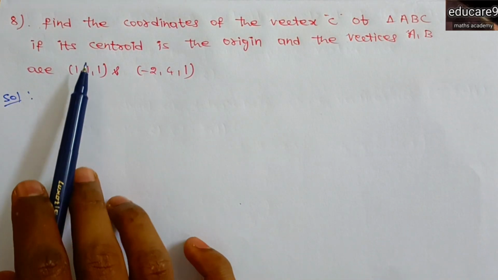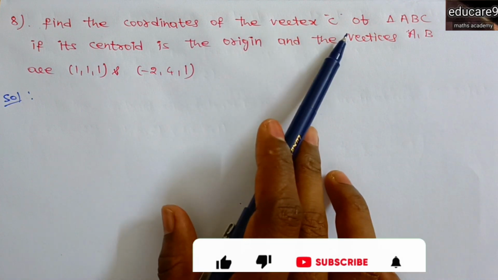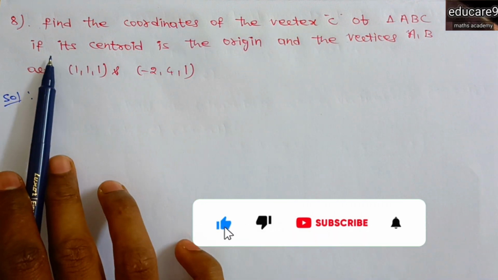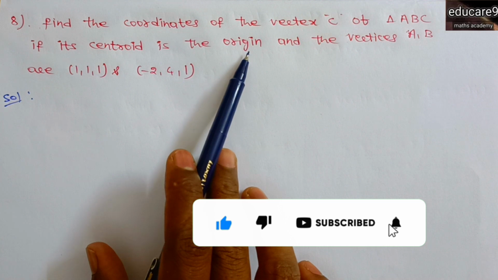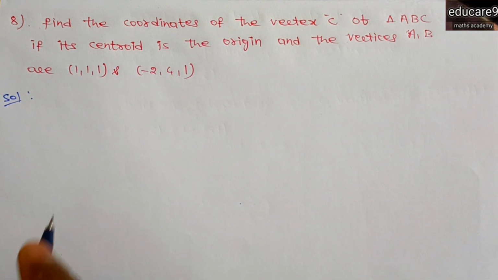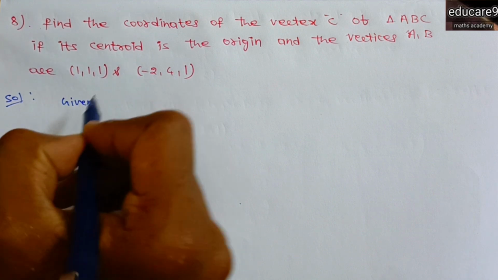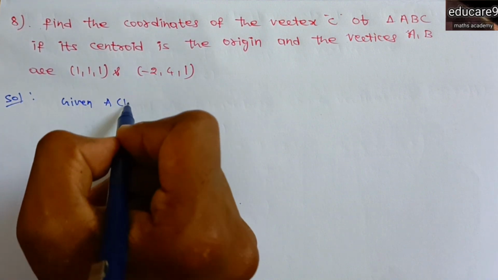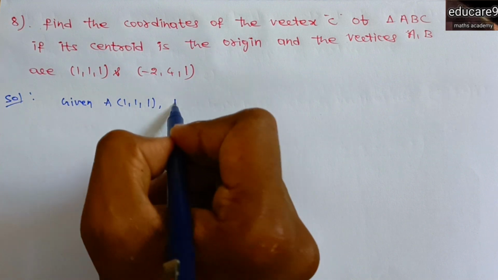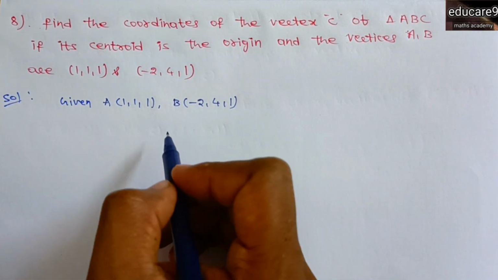So next, question number 8. Find the coordinates of the vertex C of triangle ABC if its centroid is the origin and the vertices A and B are also given. Here the given points are A (1, 1, 1) and B (minus 2, 4, 1).